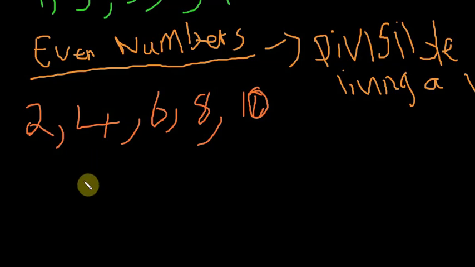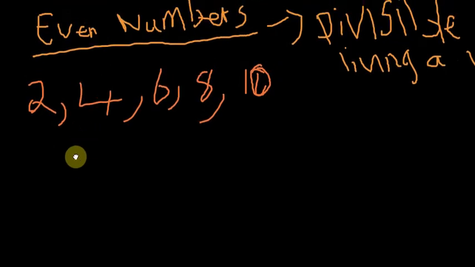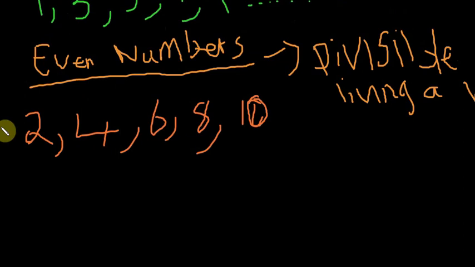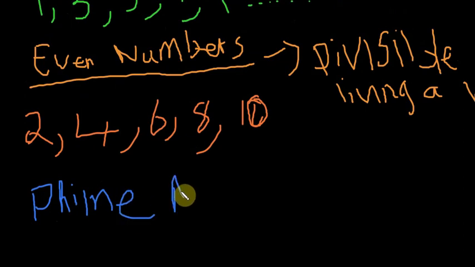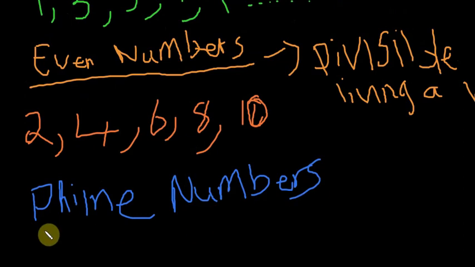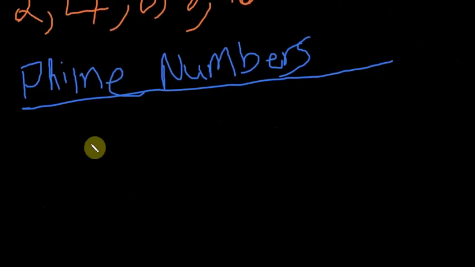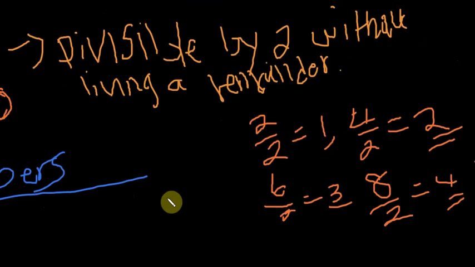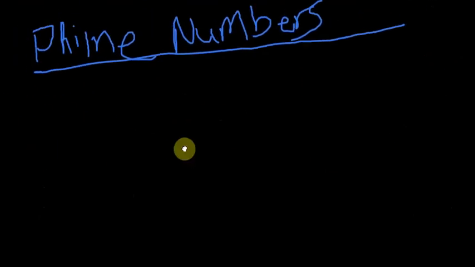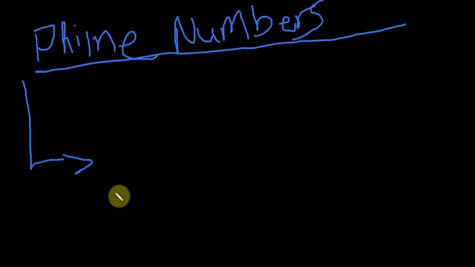Now the last group of numbers we are going to look at here is prime numbers. What are prime numbers? Prime numbers are numbers that only have 2 factors.